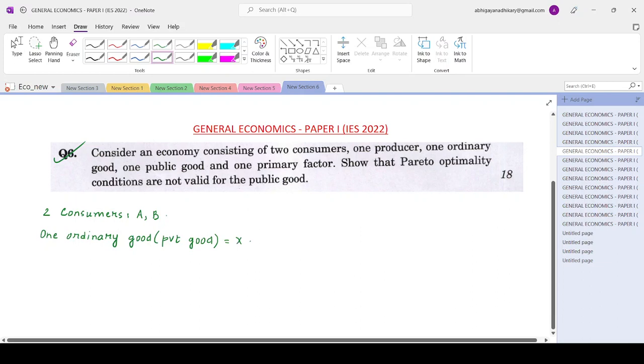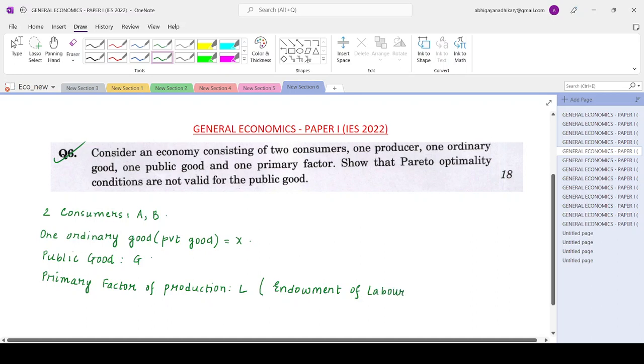Let us say that good is X, and the public good that we are to mention, let's say it is G. And the primary factor of production is labor, L. And let us say that in this setup, the given endowment of labor is L bar.